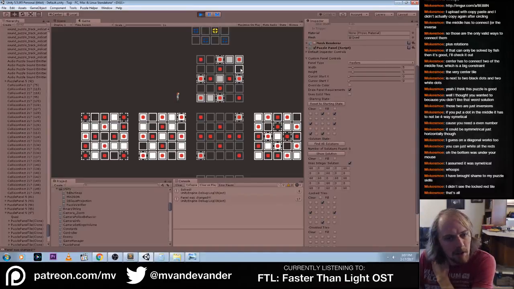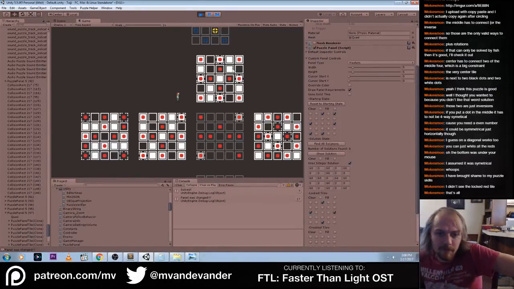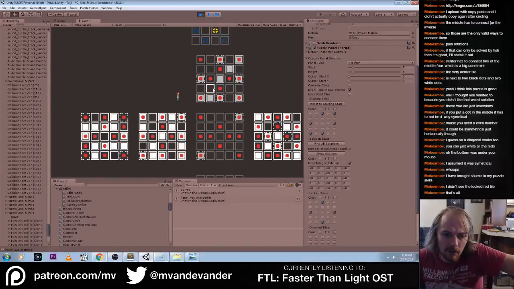So I think maybe that is the only thing I can do, the diagonal thing there. I think that might be the way to force that on that one, is to lock those instead of the two diagonal corners.